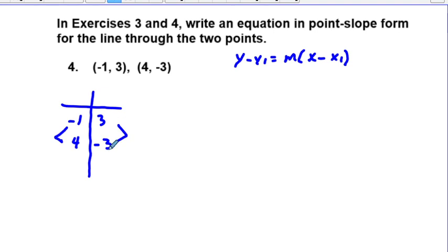And you just subtract. Negative 3 minus 3 is negative 6. And 4 minus negative 1 is 5. Just make sure you're subtracting in the same direction. That's all you need to do. And we're going to get a negative slope, and that should make sense. Okay.